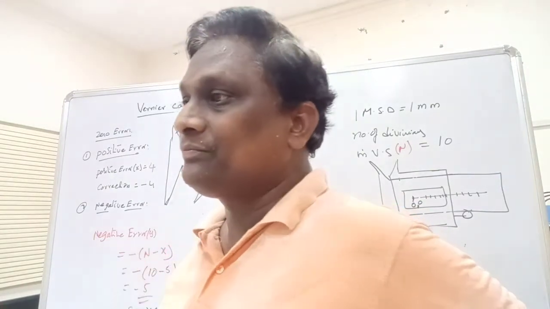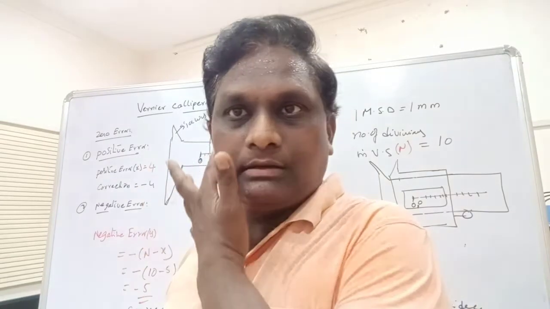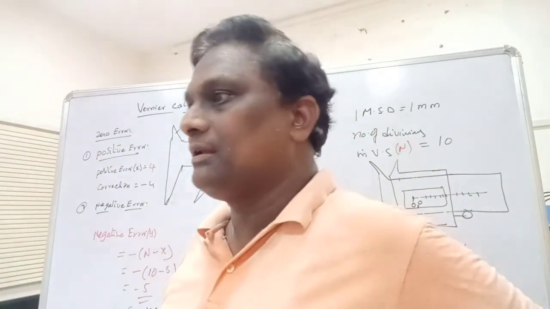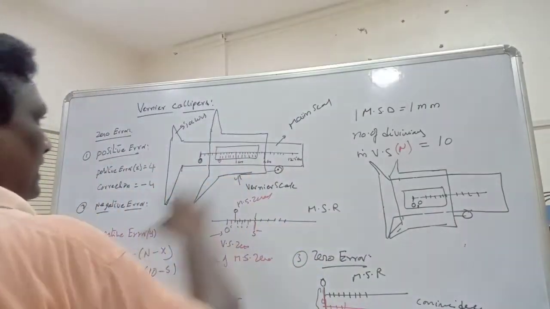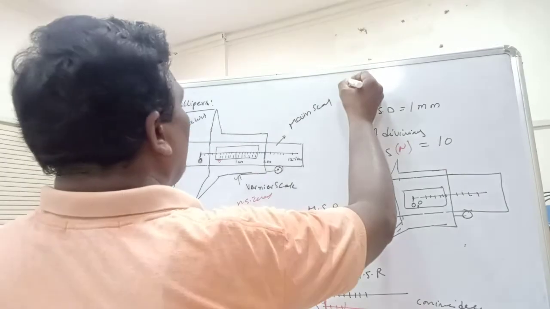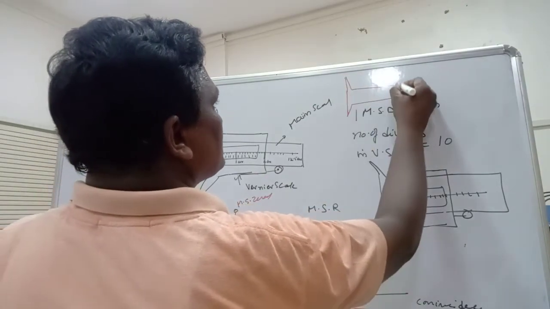What is n? Number of divisions in the Vernier scale. I have already drawn the Vernier scale. It will be like this.